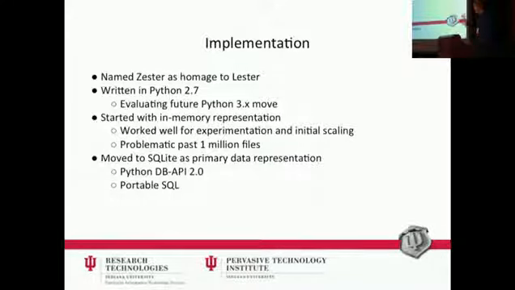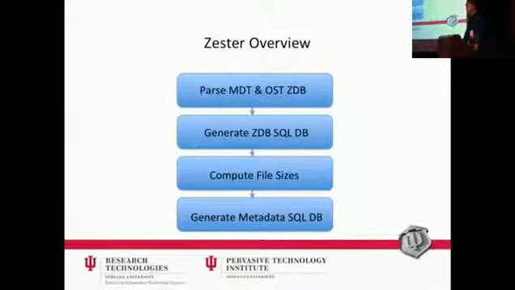We then go through those persisted ZDB MDT and OST databases to compute file sizes and assemble things. And then in the end, we generate a metadata DB that represents the state as we think Lustre sees it.